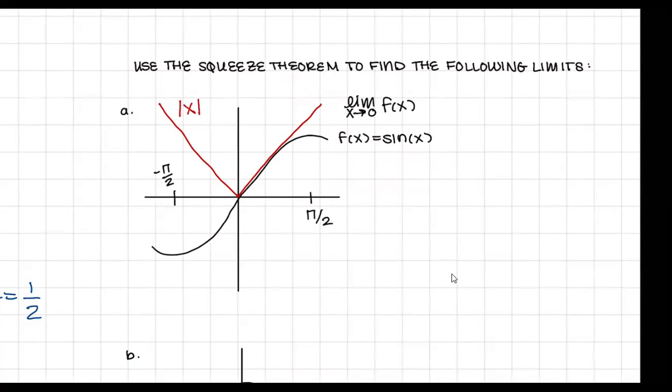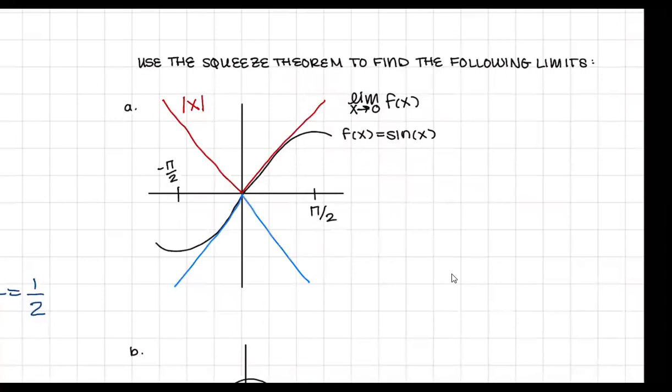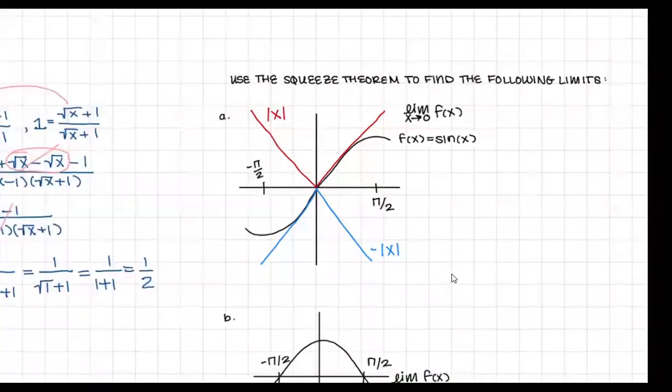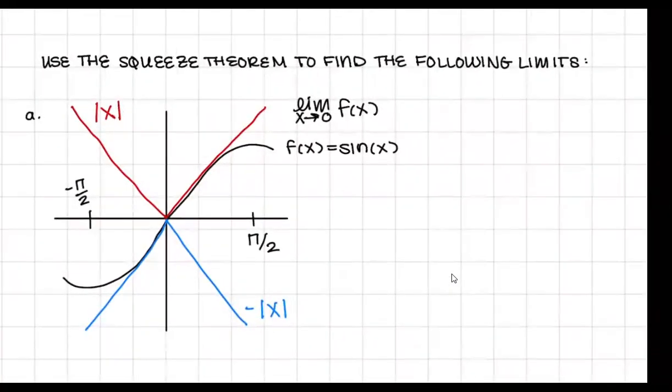And if I choose the absolute value of x, then maybe I want to choose the negative absolute value of x. So we can clearly see that sine of x is always going to fall in between these two when we're between negative pi over 2 to pi over 2. So they're going to have the same limit. And that limit is going to equal 0.